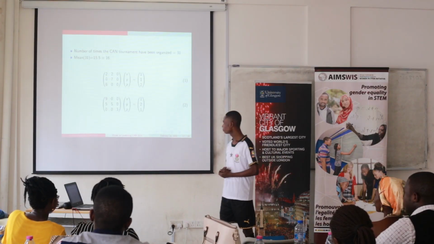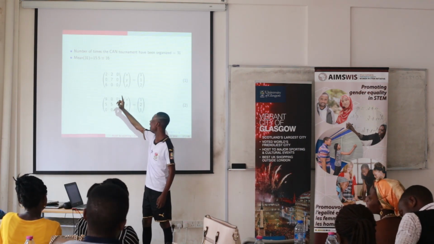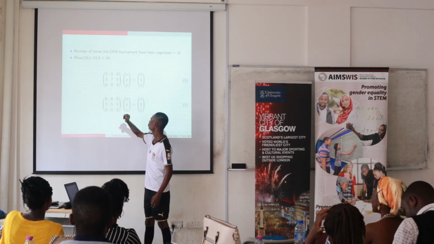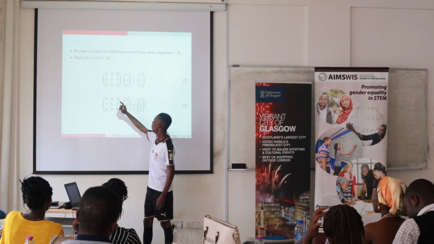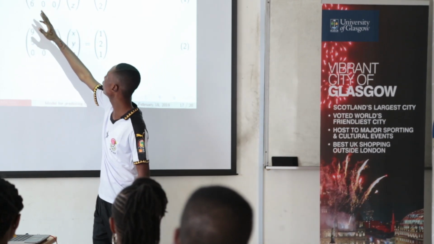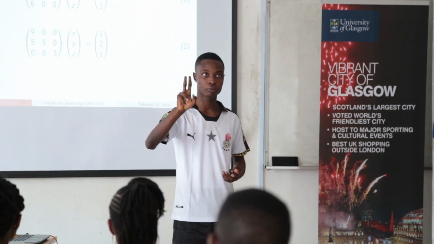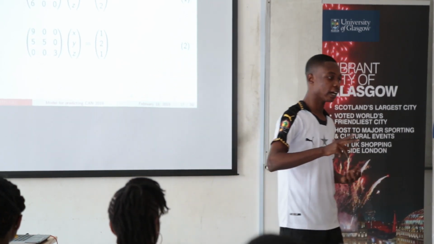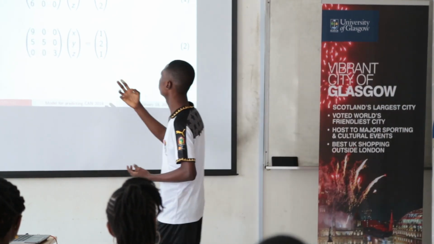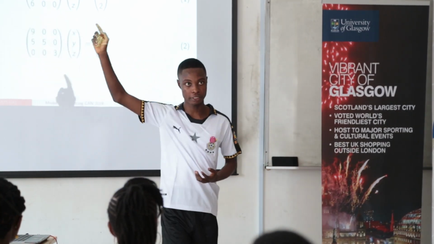Between 1988 and 1990, the highest number of goals scored by a player, the goal king, was 2, and it came from Cameroon and then Egypt. Ghana was out there.